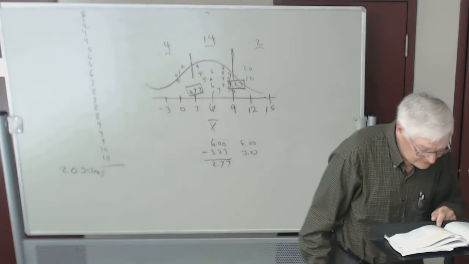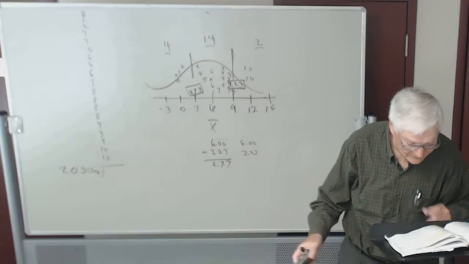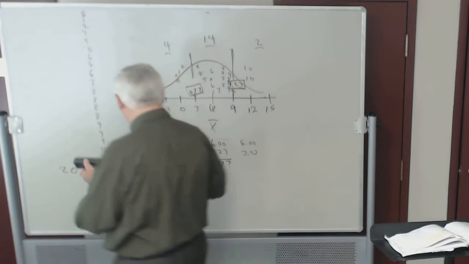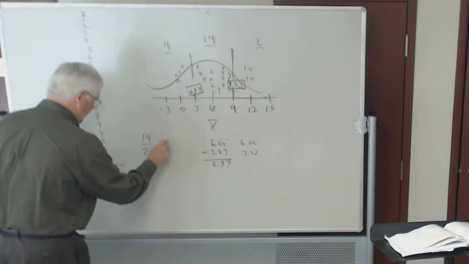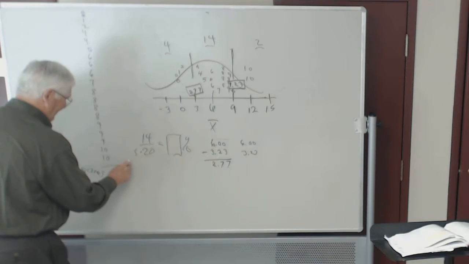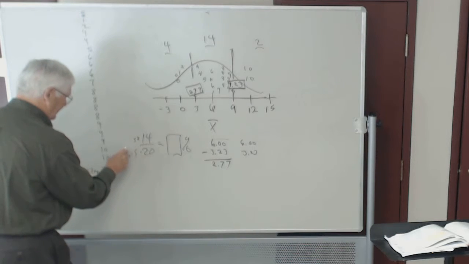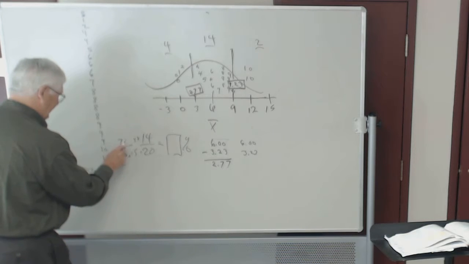So when it says what percent of the scores are within one standard deviation of the mean, that would be 14 over 20, which equals what percent? Well, times 5 would be 100. Times 5 would be 70.